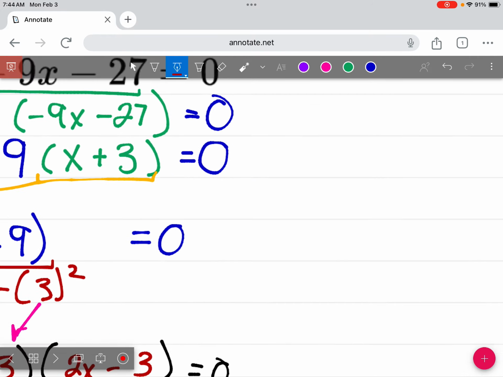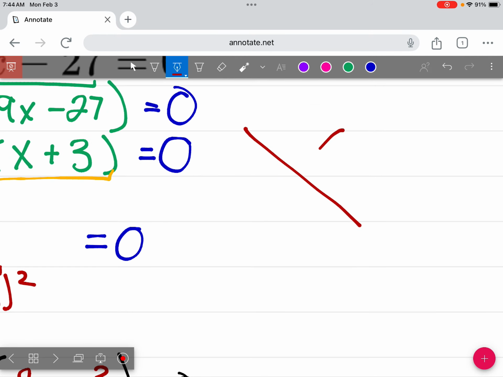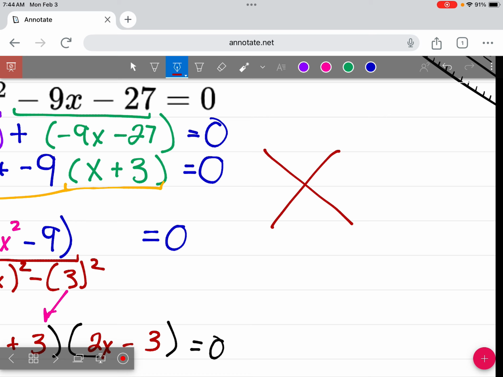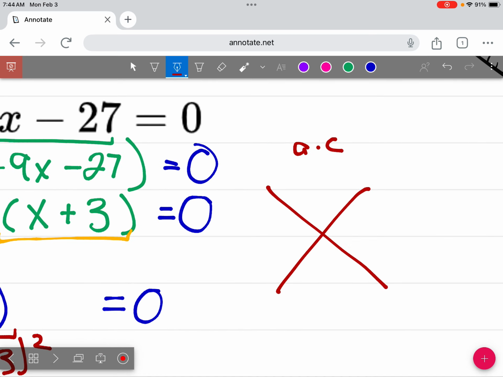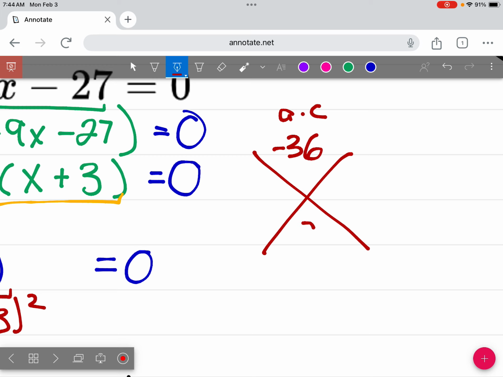You can also do that in the box. If that is not a pattern that you are super comfortable with, do it over here. Our A times C are 4 times -9. That's going to give us that -36. And there's no middle value. There's no B, so we have a 0 at the bottom. Our pair of numbers that would multiply to make -36 and add to make 0 would be a 6 and a -6.